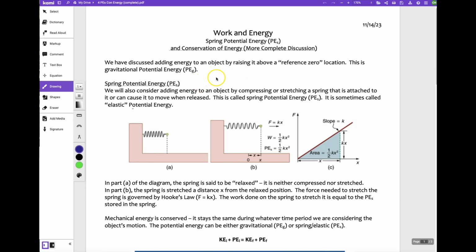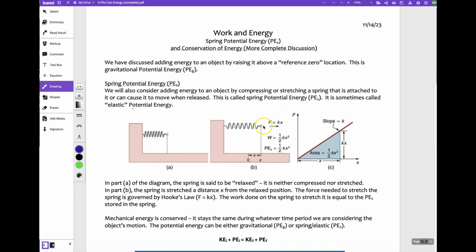So if you ever had anybody shoot a rubber band at you, that's essentially a spring. So springs have potential energy, and we use what we call Hooke's law to help us figure out how much energy it has.